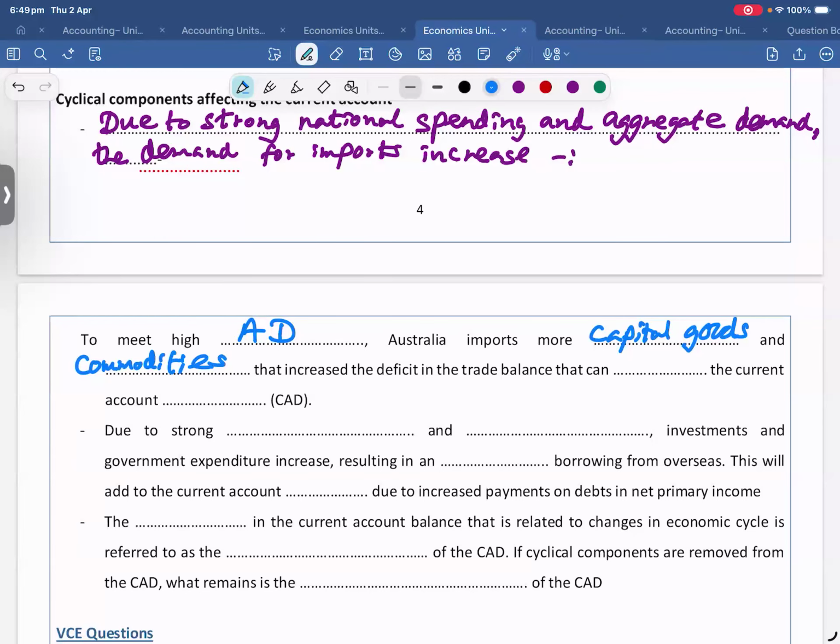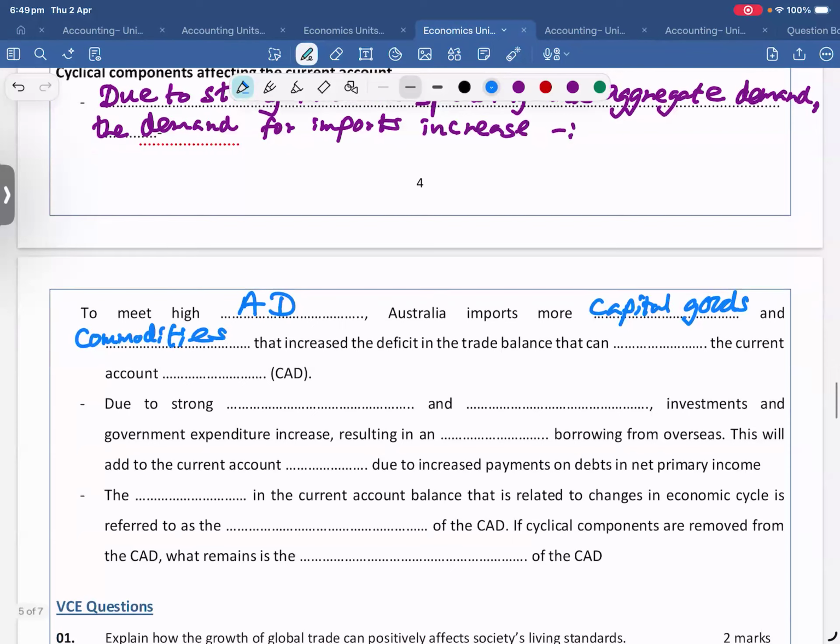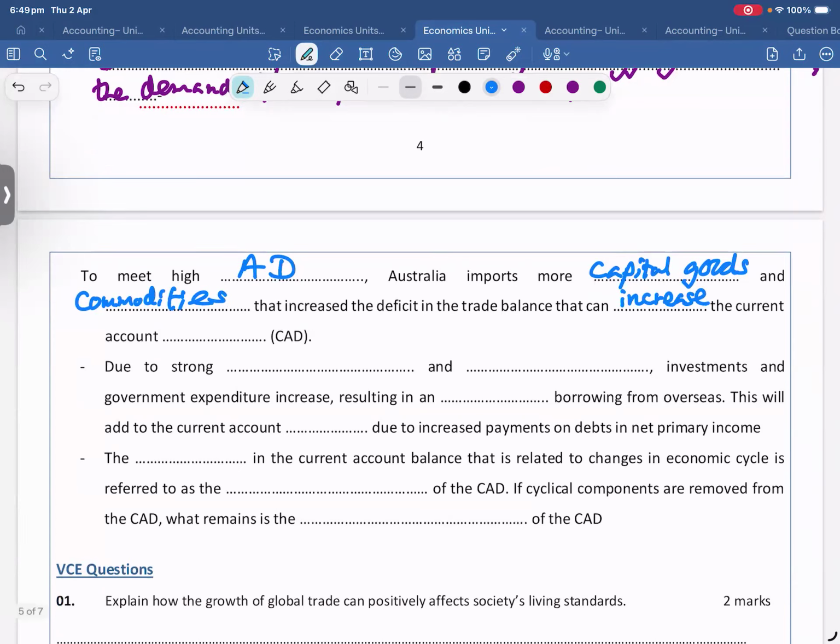That increases the deficit in the trade balance, which can increase the current account deficit, which is CAD.